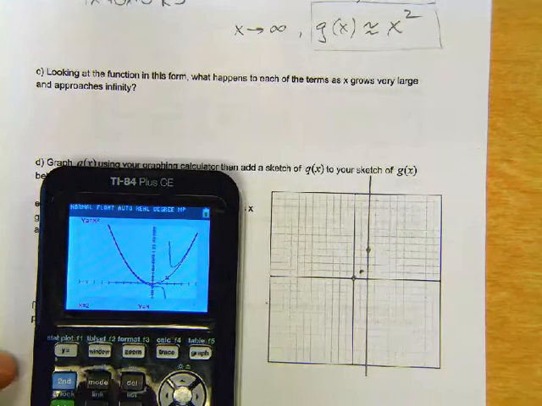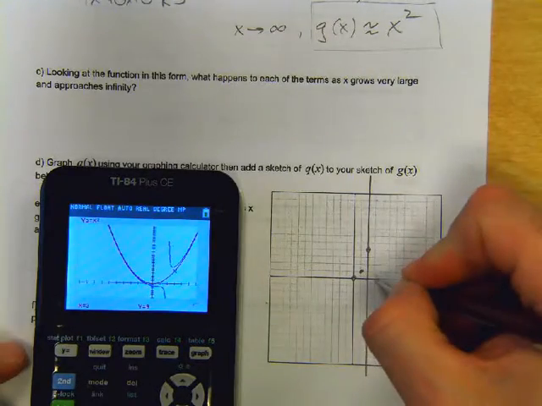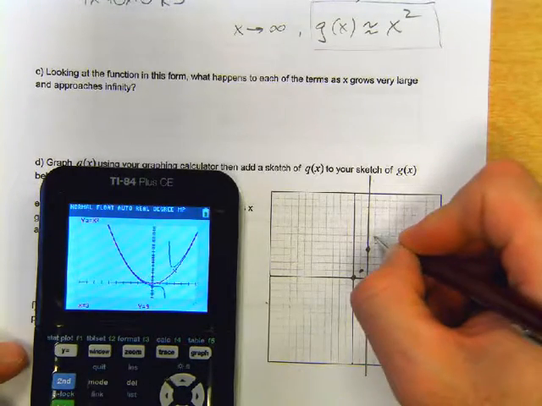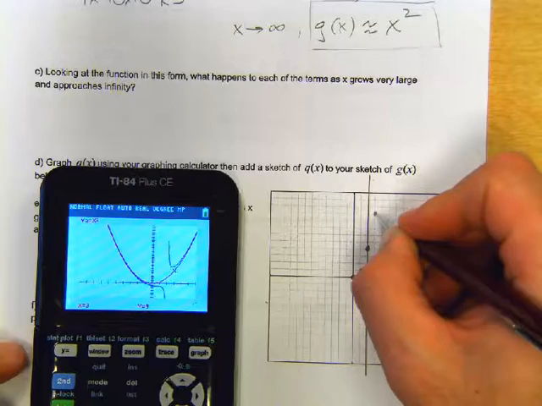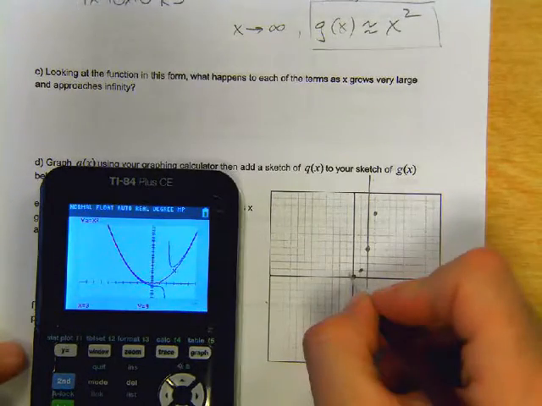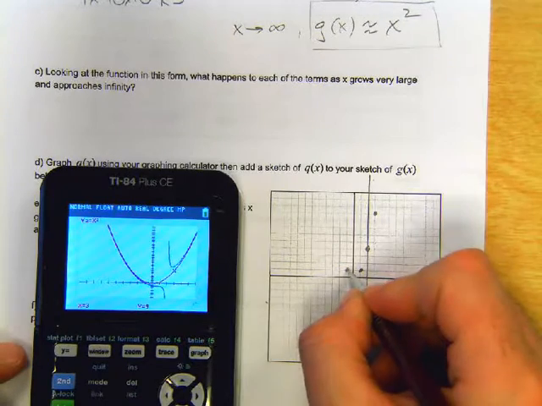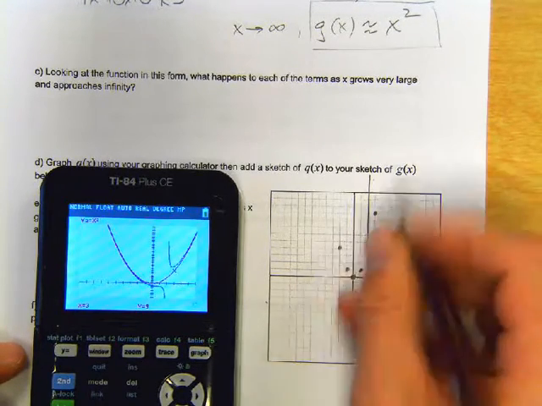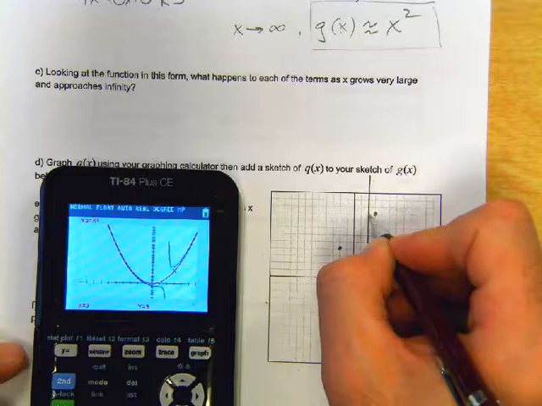Let's see, 3 will be 9, so 4, 5, 6, 7, 8, 9. I don't think we can get any more on. And then you can do the same in the other direction, but it's symmetric, so you can just reflect your points across the y-axis.